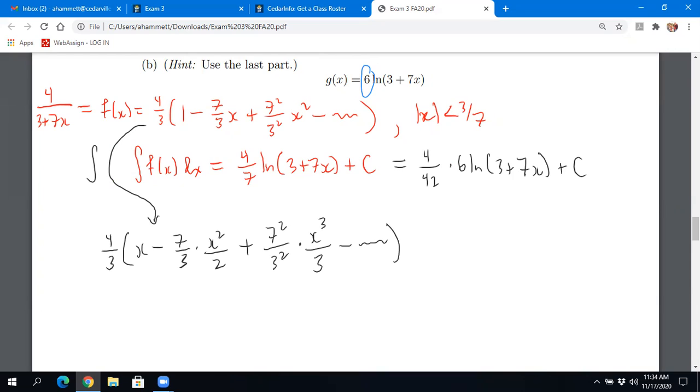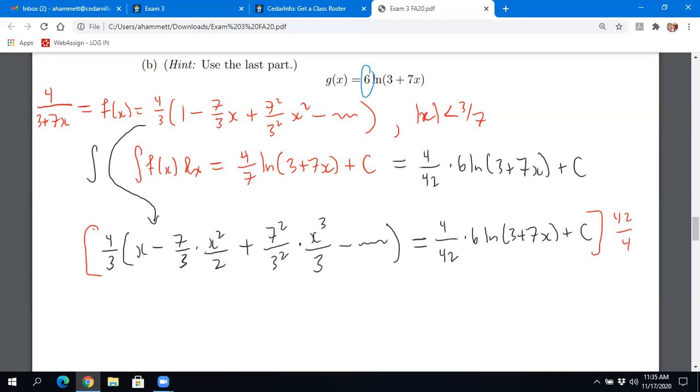Okay, so basically we just integrate that thing, and that thing is going to be equal to, what do I have here? 4 over 42 times 6, natural logarithm of 3 plus 7x plus a constant. Okay. I can multiply through by 42 over 4. And if I multiply both sides by 42 over 4, the 4s are just going to cancel in the 4/3, and I get 42 over 3, which is about 14 or something like that?